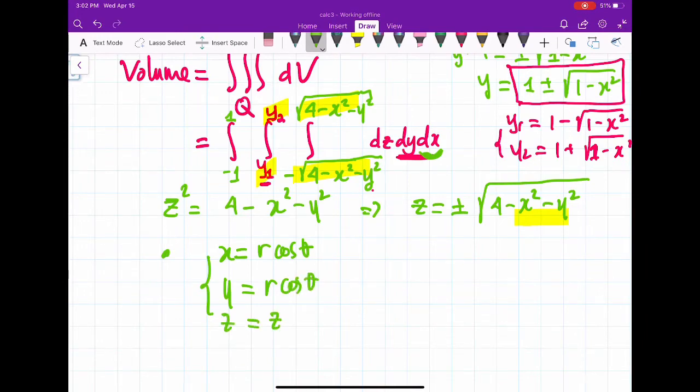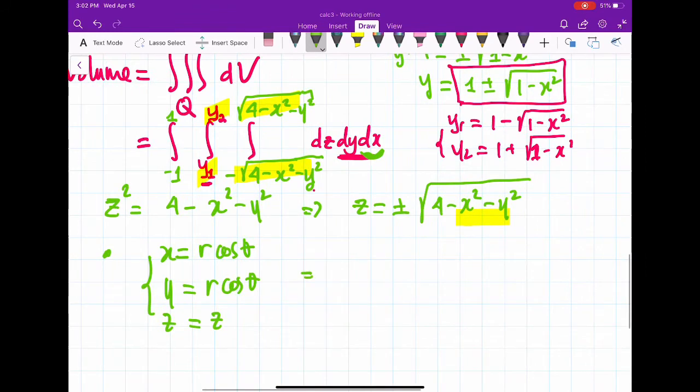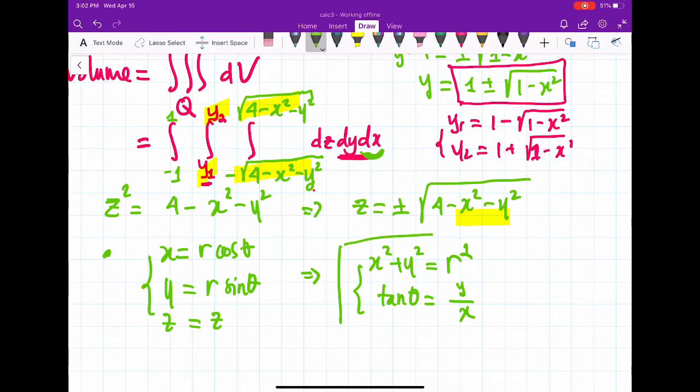We just add z to that. From here we get x squared plus y squared equal to r squared. Make sense? From here, I also have tangent of theta equal to y over x. And those identities help us go from rectangular to cylindrical, okay?